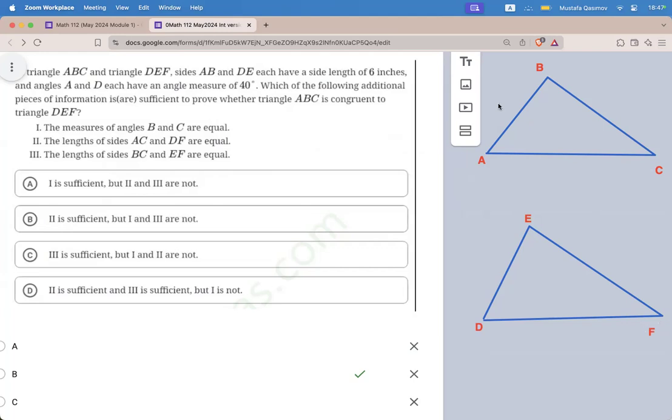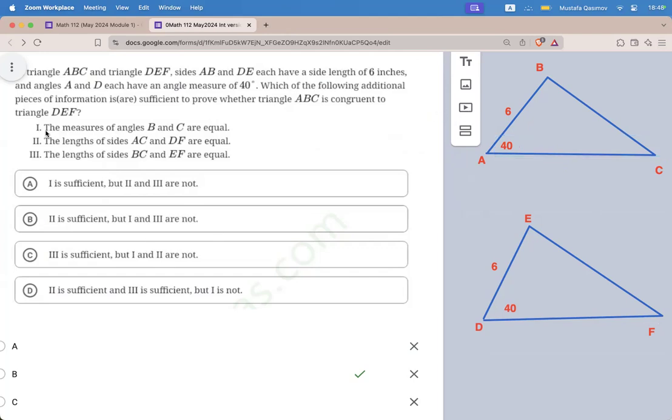AB is 6, and it's also 6. After that, it says A and D are 40 degrees. It's 40, and it's also 40. Now, which piece of information do we need to know to say that ABC is congruent to DEF?